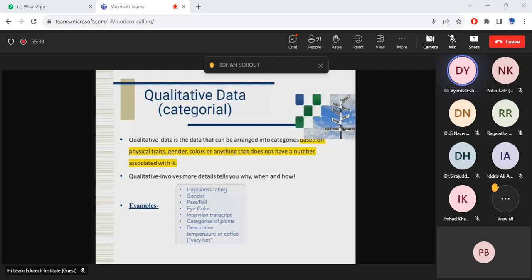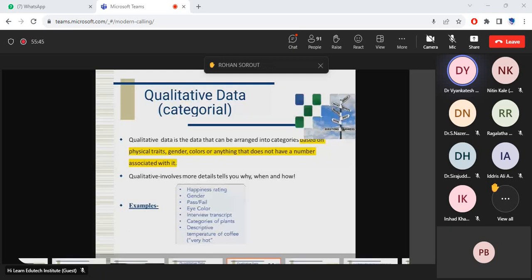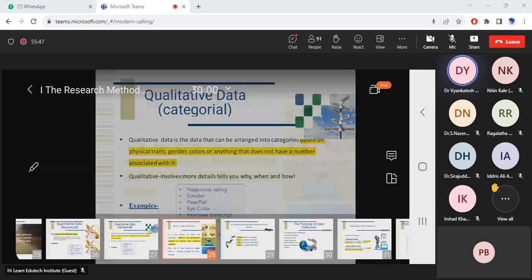Next we are dealing with what data is and how data is collected. It is the process by which the researcher collects the information needed to answer the research problem. The task of data collection begins after the research problem has been defined.